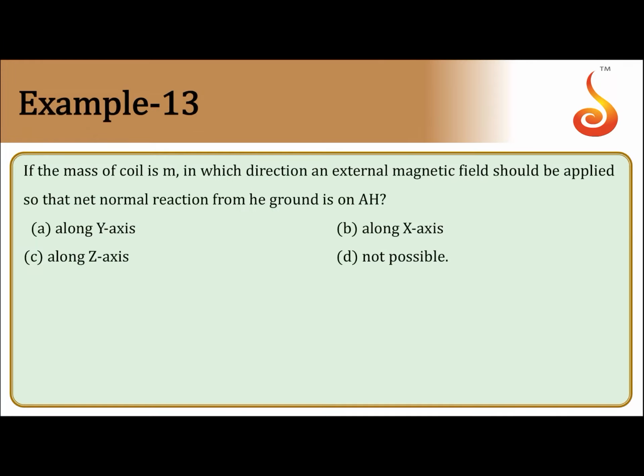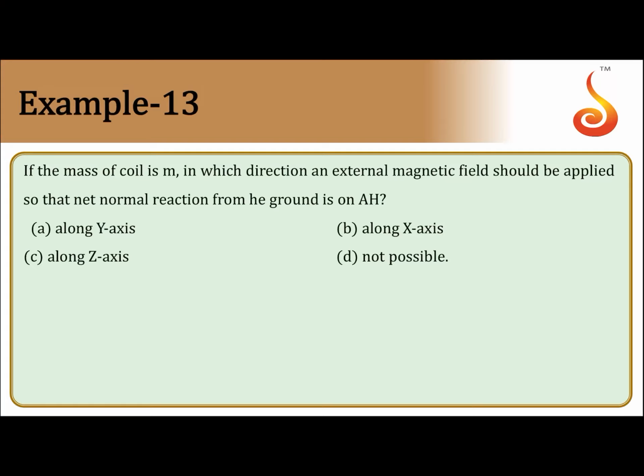Then we have, if the mass of the coil is m, in which direction an external magnetic field should be applied so that the net normal reaction from the ground is on AH.